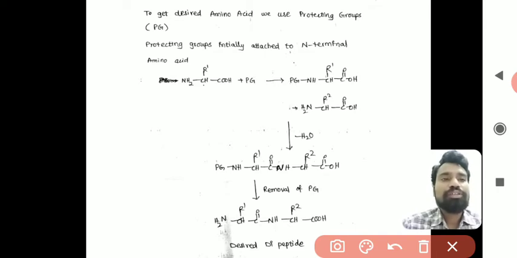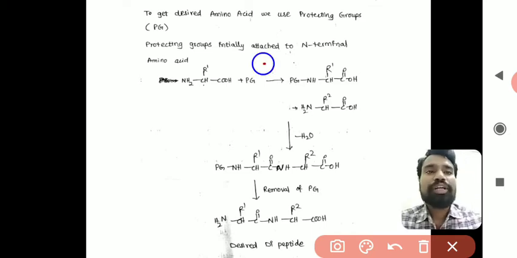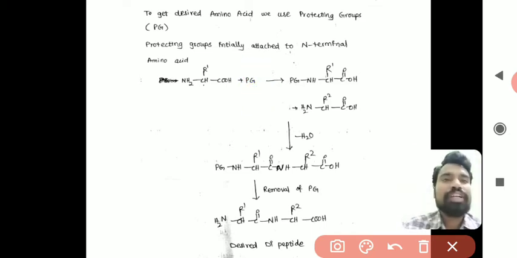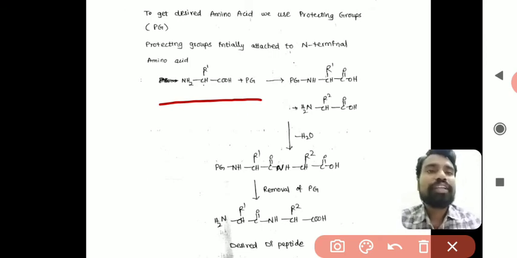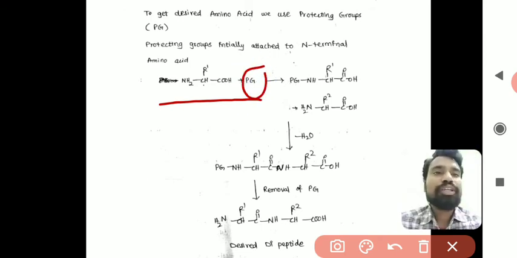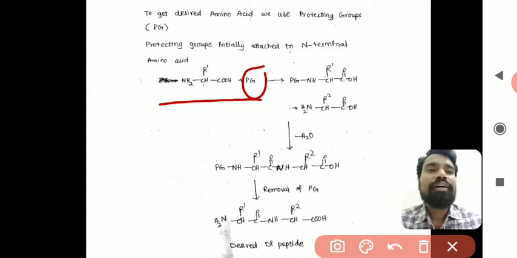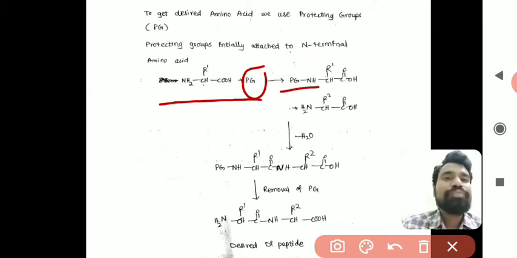To prepare that peptide, we take the N terminal amino acid first and react it with a protecting group. This protecting group will attach to the amino group of this amino acid.